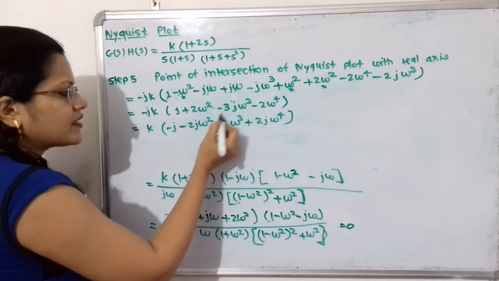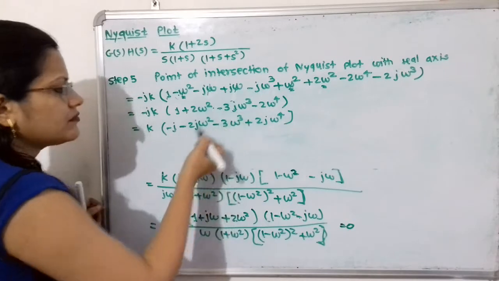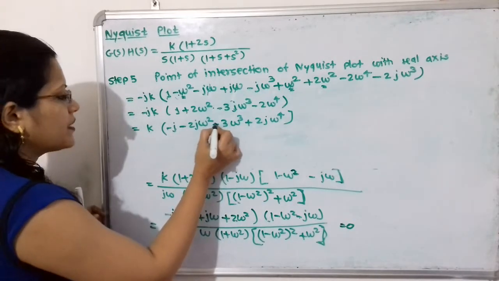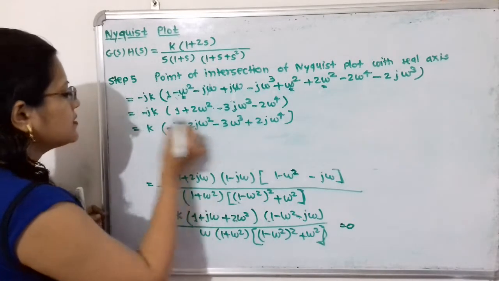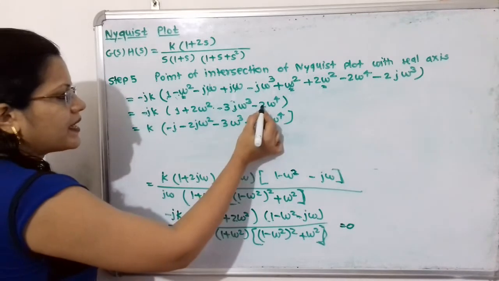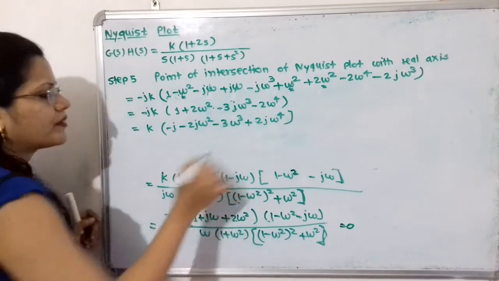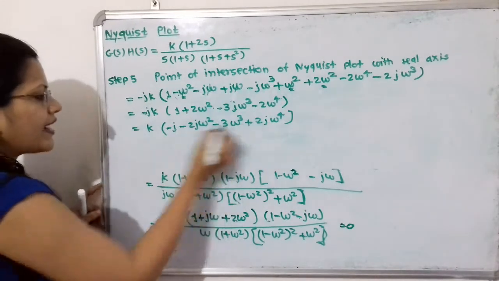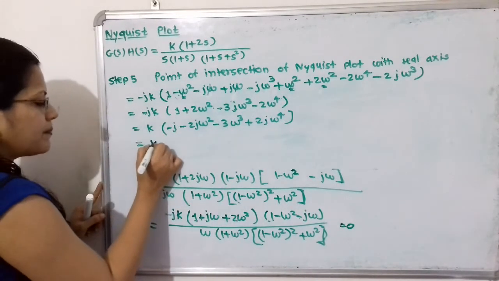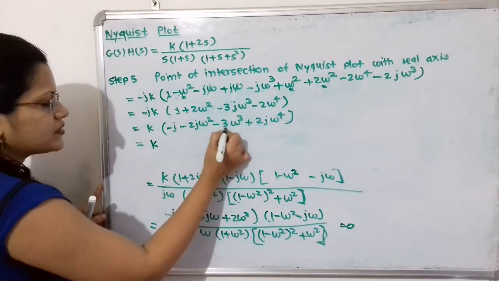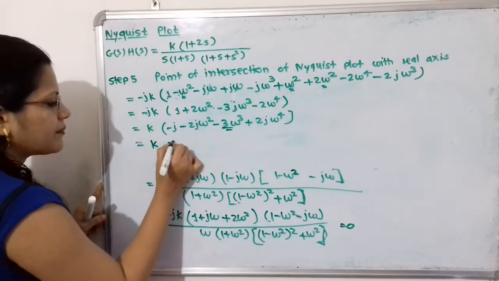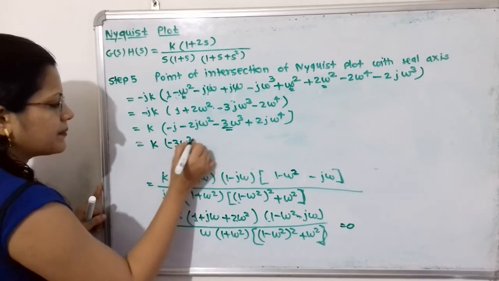But here j square is nothing but minus 1, so we will write here minus 3 omega cube plus here minus j multiplied by 2 omega raised to 4, that is minus minus will become plus 2j omega raised to 4. So here I will take the imaginary part and real part separate. So this is the only real number. So I will take minus 3 omega cube as a separate part.